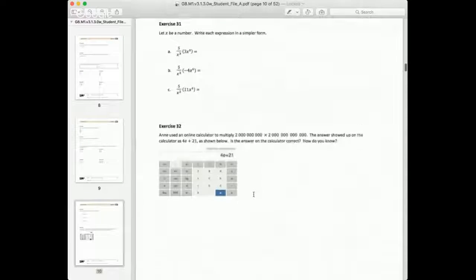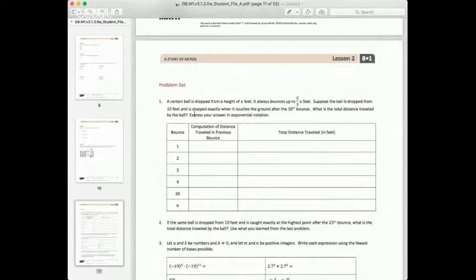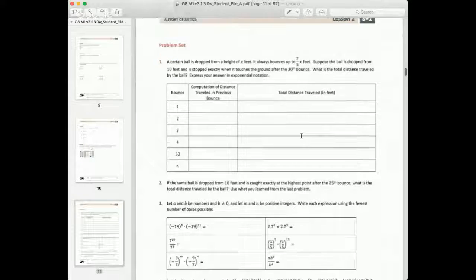It tells you a little bit about how to use a calculator. And then bam, a problem set. What is this? We have a problem where now we have a table. We have all these words. We have the bounce, the computation of distance, and when did we start talking about distance and bounces?